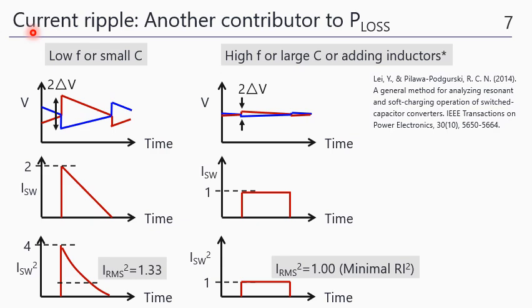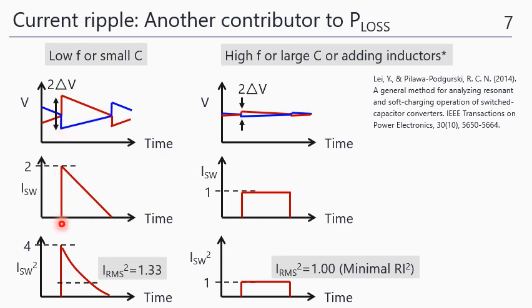Actually, the charge transfer has a certain amount of current ripple like this. So this is a voltage waveform between the two adjacent capacitors. This is the first capacitor discharging to the second capacitor, and the second capacitor voltage increases like this.